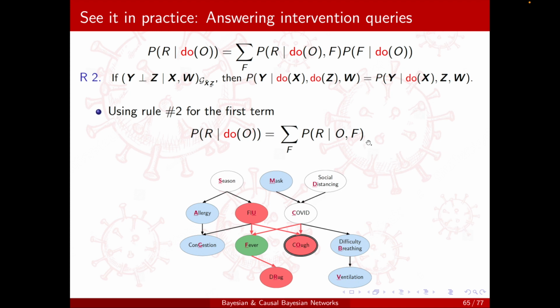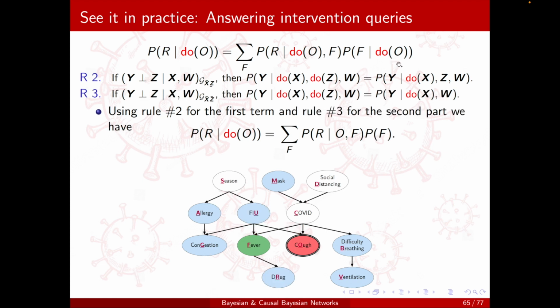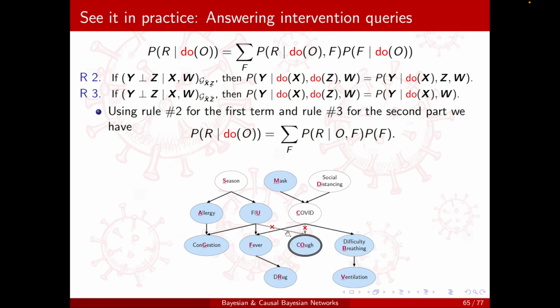What about the second term, F given do of O? For this one, I can use the third rule. I have cough, which is being intervened, and I have fever here. Now, if I consider the mutilated network where I remove these 2 edges, then fever and cough become independent. So I can completely remove do of O, and I will just be left with P of F. Great.